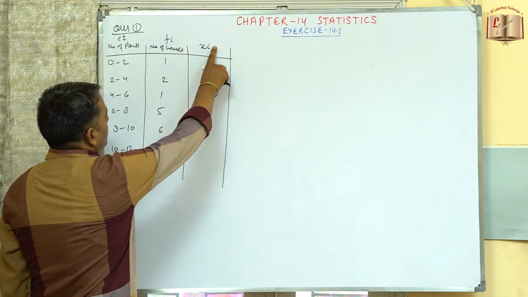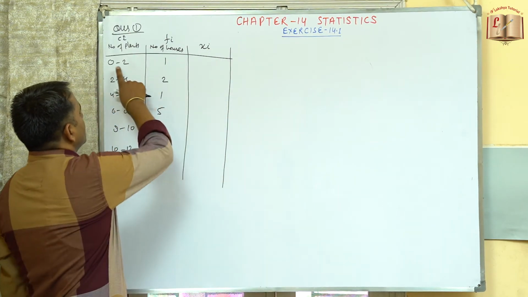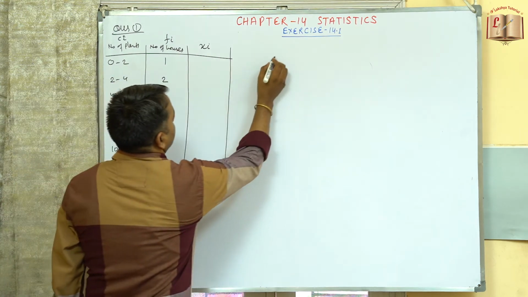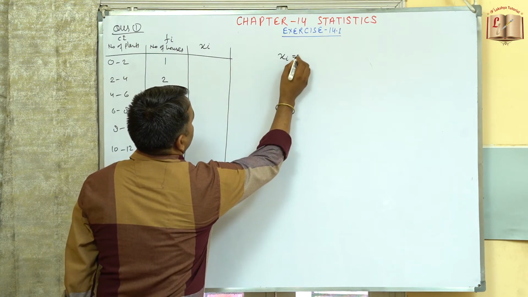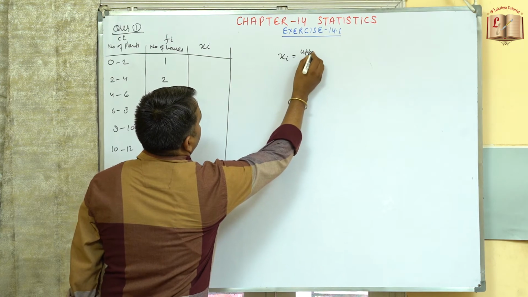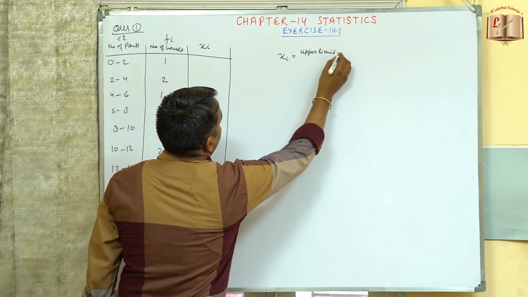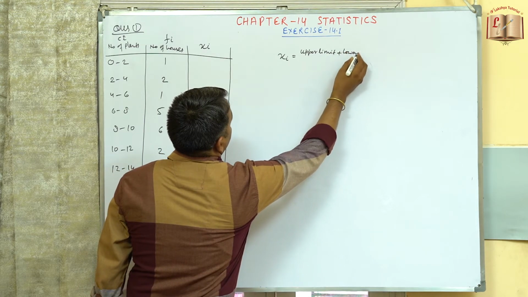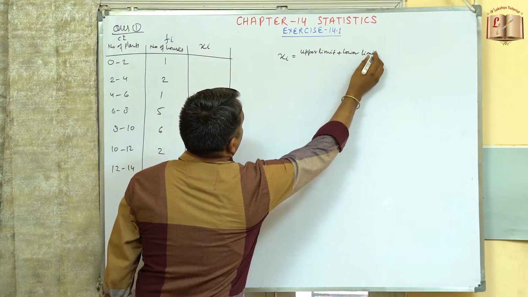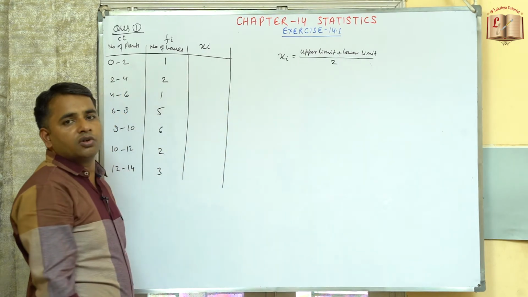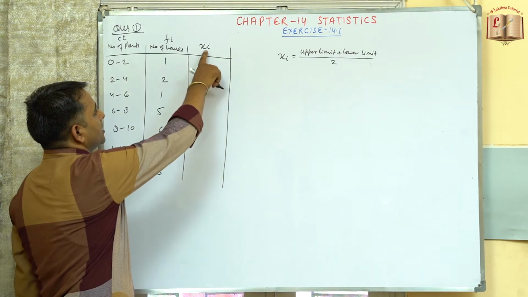So now to calculate the xi from this, we will calculate this upper limit plus lower limit by 2. So xi we can understand what is xi. Upper limit plus lower limit by 2 will give us the xi.